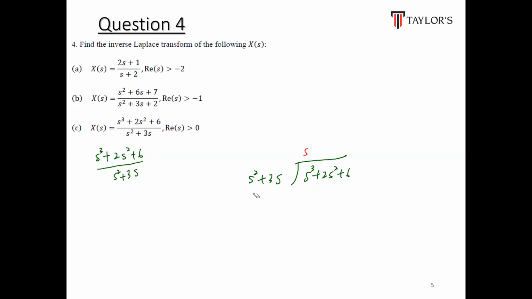So when you multiply by s, you get s cubed plus 3s squared. So the remainder is negative s squared plus 6. So how do you change your s squared to negative s squared now? You multiply by negative 1. So when you multiply by negative 1, you get negative s squared.